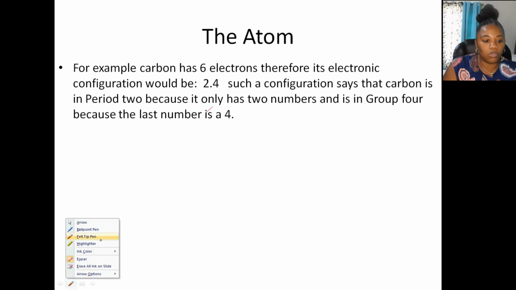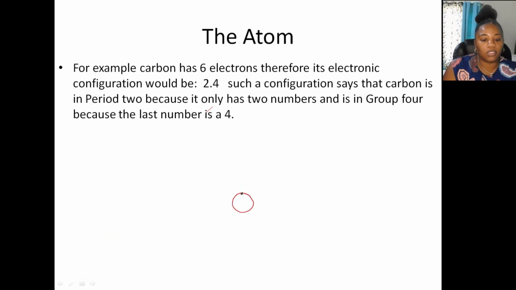So put it more here in the center. So we have here 6 protons, and the mass number of carbon is 12, so we have 6 neutrons. So those two together would be 12, and we have the first shell here.